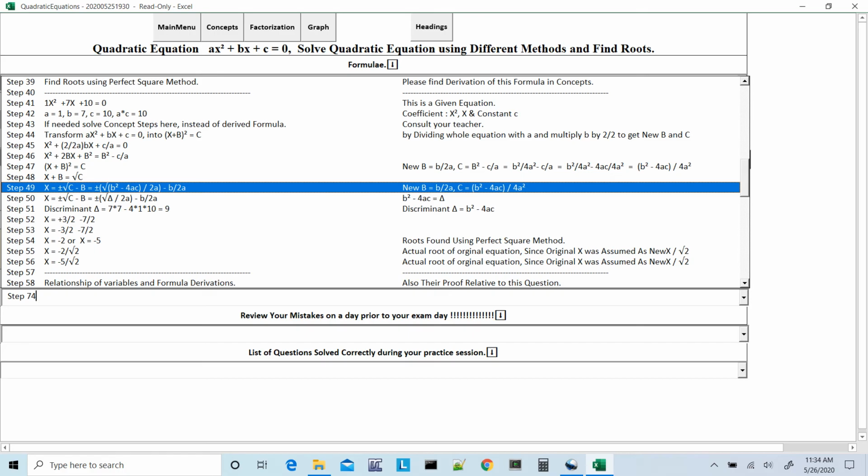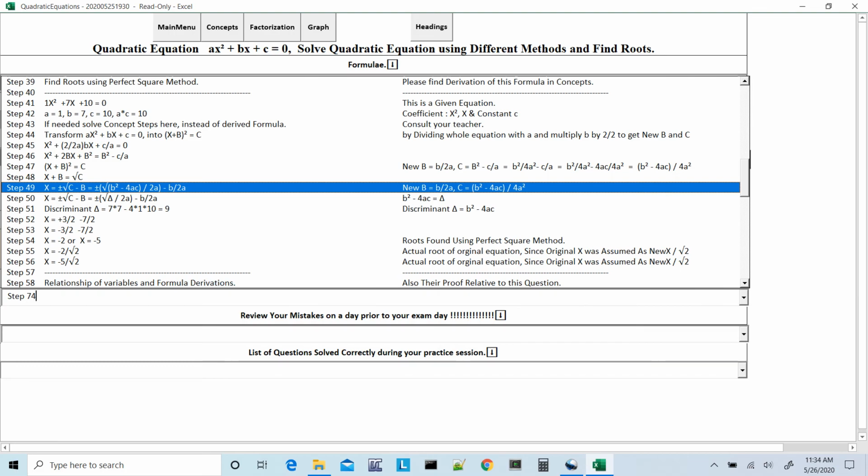But our original x was small x, and that small x was equal to X upon square root of 2, because we have assumed it. So your final value of small x is equal to minus 2 divided by square root of 2, and the other value of small x is minus 5 by square root of 2.